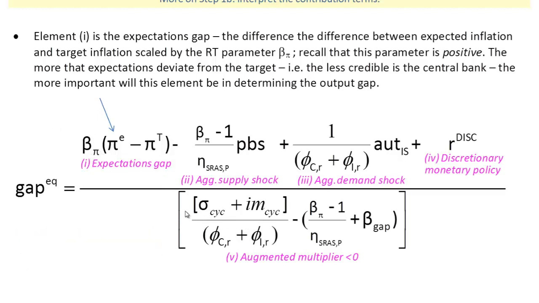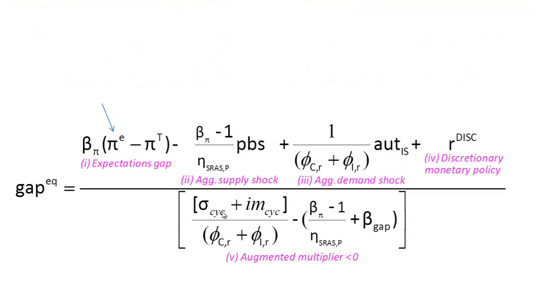This whole term is negative, so a positive over a negative is a negative, and that tells us, therefore, that when the expectations gap is positive, the gap goes down. Why? Because the central bank responds by raising interest rates and squeezing out demand in order to show that it's a serious central bank. So the effective expectations gap on net is negative.